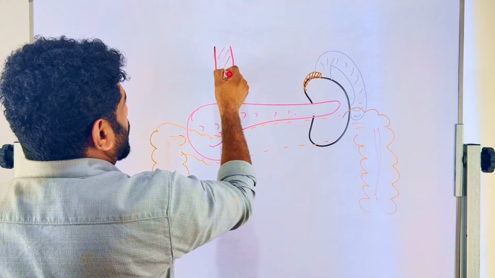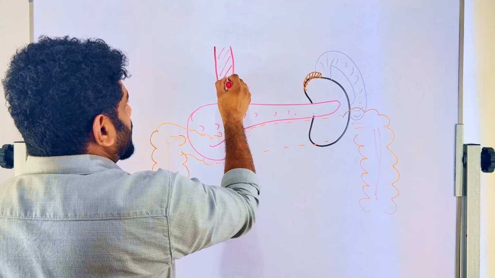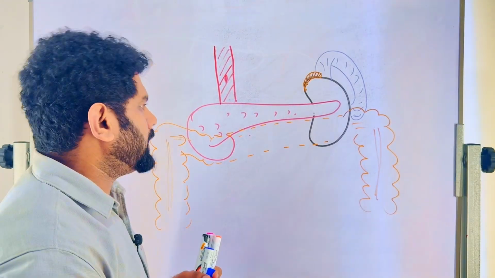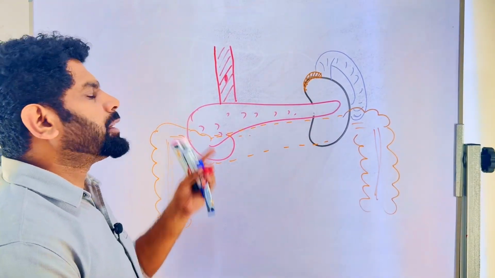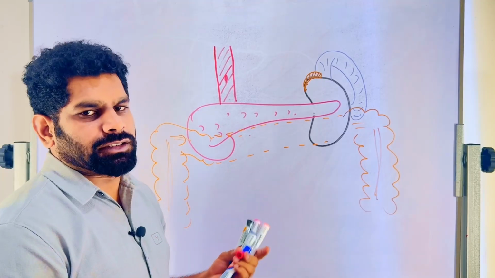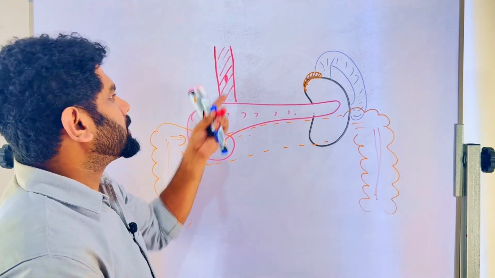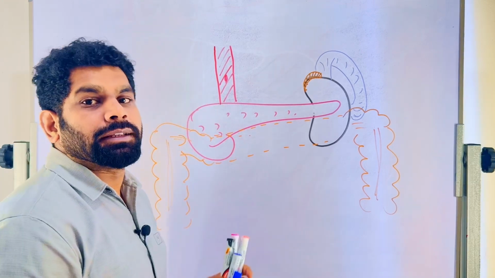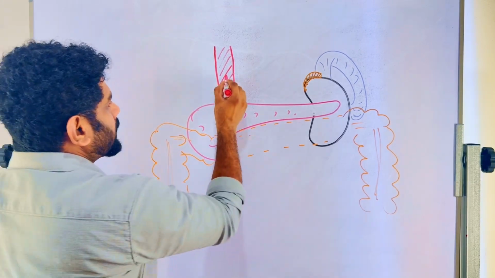This is the aorta, and there is an artery called the celiac artery. It's a short artery. Immediately it will divide into three main branches. We will study this celiac artery and its branches under the blood supply of the stomach.